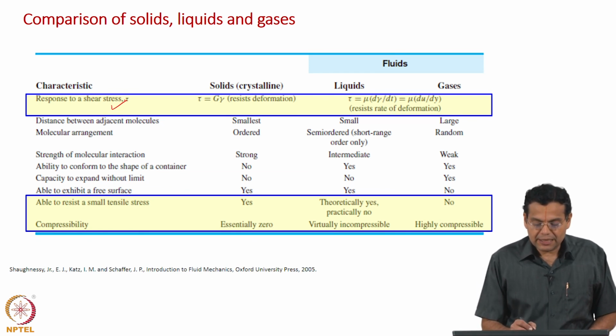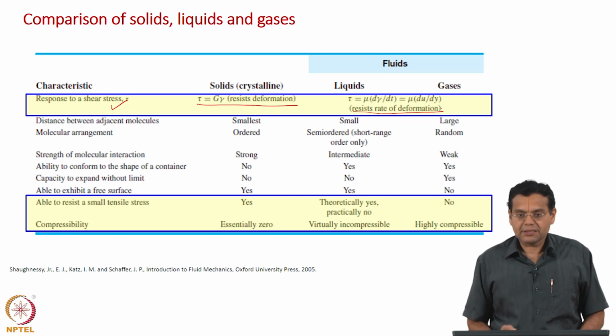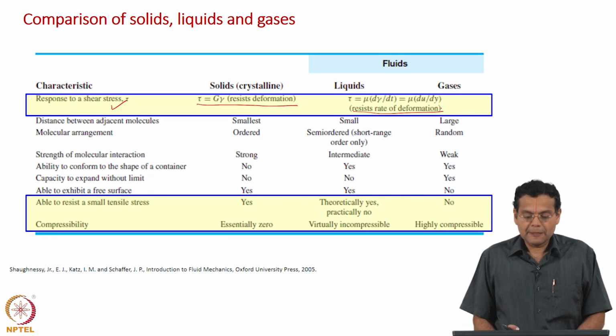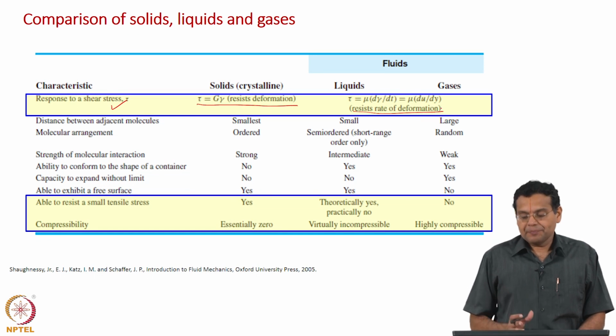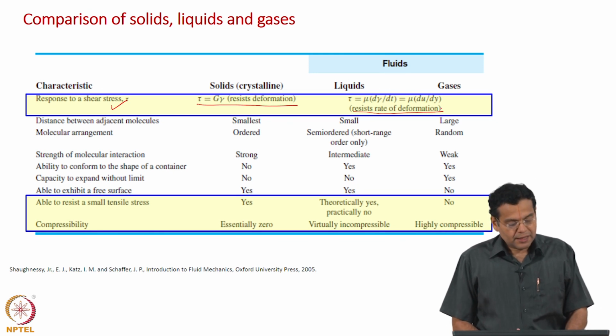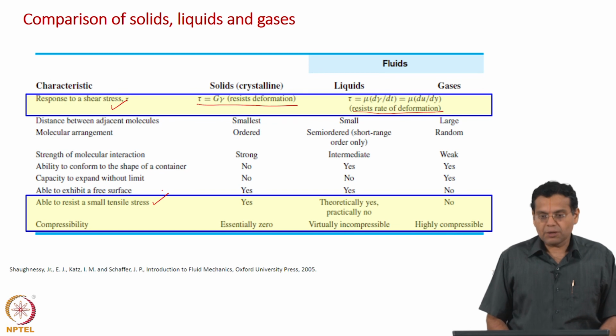The key difference is that solids resist deformation, fluids resist rate of deformation. As we have seen, the cylinder example is the best example to understand this. In one case, force depends on deformation, in the other case the force depends on rate of deformation. And we have already discussed this earlier, ability to resist small tensile stress and compressibility.